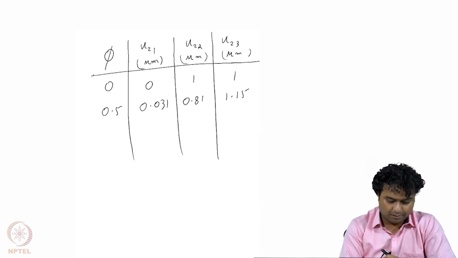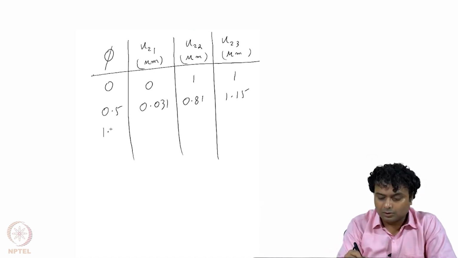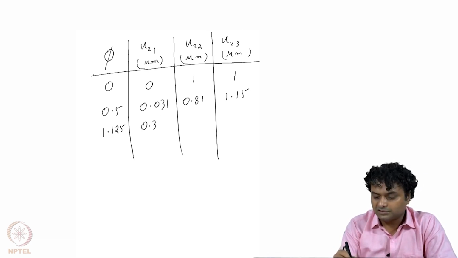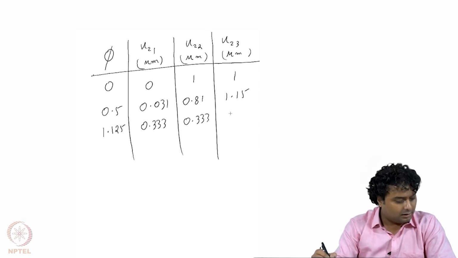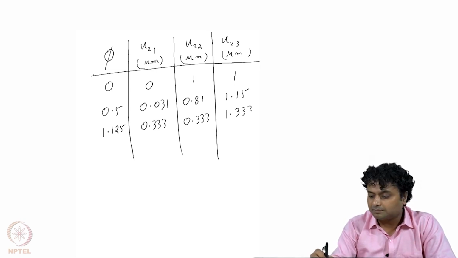Okay. Now take another voltage, 1.125 volt, and in that case you will see that the first root will be 0.333, like this, right? And the second root also will be like this, 0.33, and the third root will be 1.333.